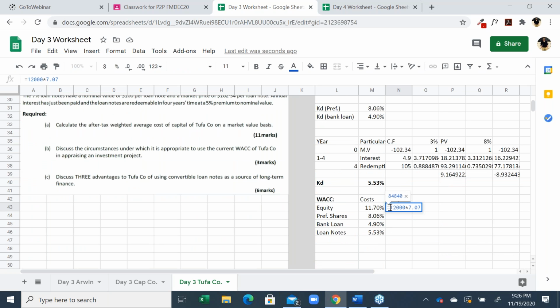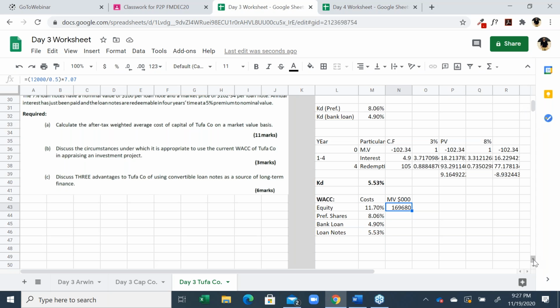So the 12,000 is not the number of shares, it's the value of the shares. So we have to divide it by the nominal value, which is 0.5, to get the total number of shares, and then multiply it by 7.07. Thank you, Sheriar. So 12,000 is the nominal value, divided by 0.5 to get the total number of ordinary shares, and then multiplied with the market price per share to get the total market value of equity, which is 169680.